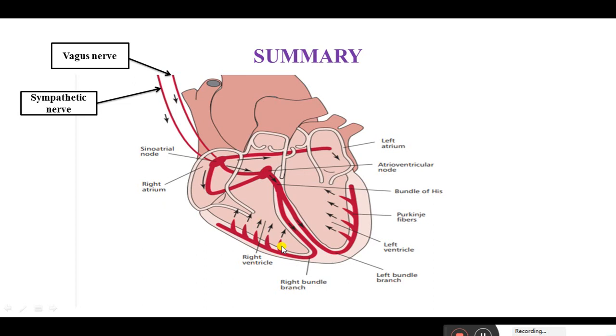Together they generate ventricular contraction to eject blood from the ventricles to the lungs and the system.